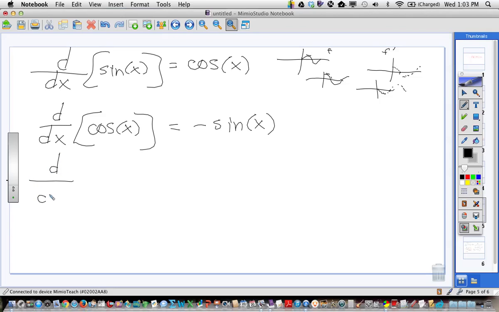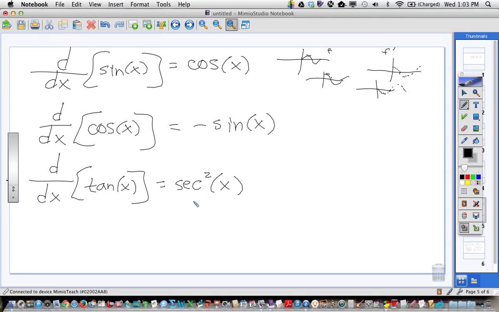Derivative of tangent x is secant squared x. Just have to memorize that. Kind of makes sense it'd be squared, because if you think of the tangent curve, it kind of goes up like this, kind of like cubics.